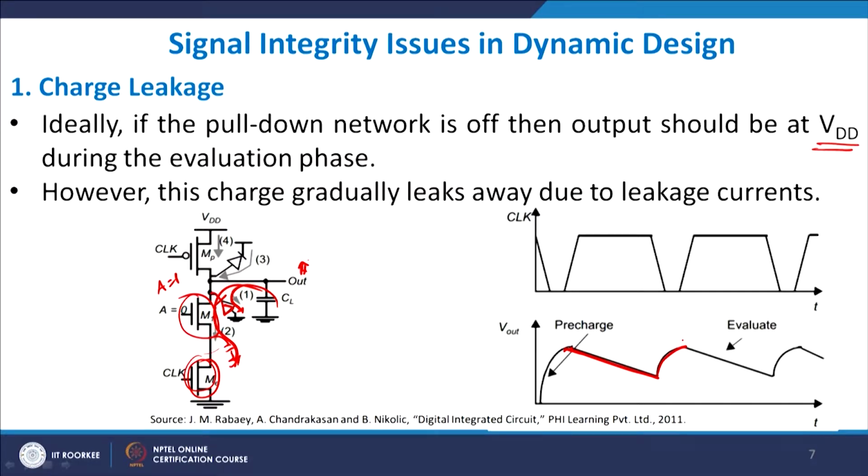Then the output node charge might go through this on-state device and reside in its capacitances, say a reverse biased PN junction diode capacitance, or the CL load capacitance, or maybe parasitic capacitances. So, you lose it, and once you lose it, you have no option but to wait for the next precharge cycle, and that loss is pretty steep. You see it has gone down to a larger extent.